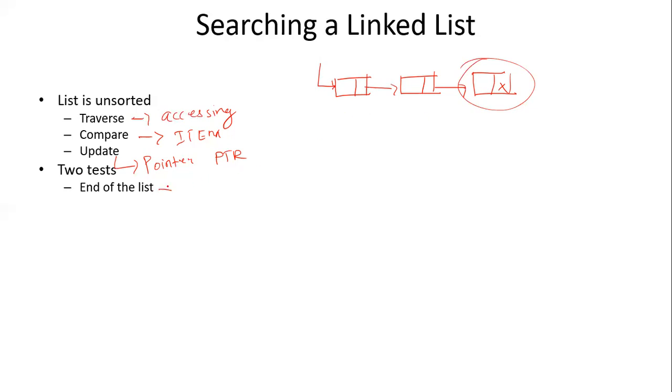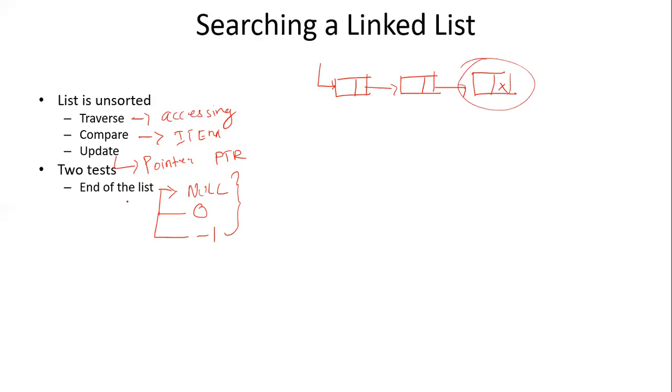We check for the end of the list either with the help of null in the algorithm, or 0 in theory, or -1 in practice. So we use null, 0 or -1 to represent the end of the list, and with this we check whether we have reached the end.